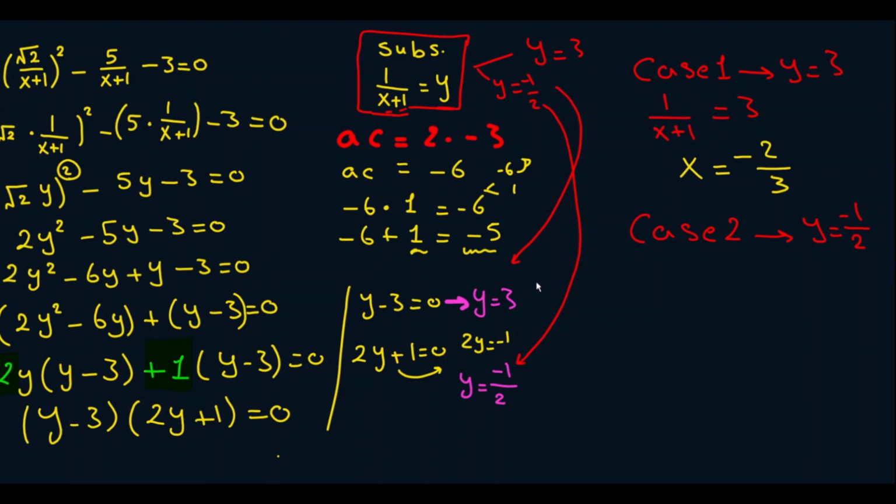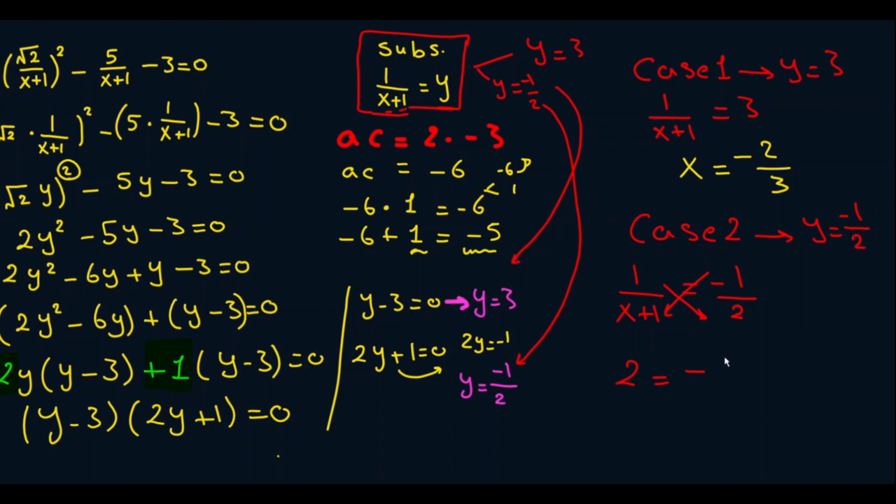The second case that we are having when y is equal to negative 1 over 2. So now again, we're gonna make 1 over x plus 1 is equal to negative 1 over 2. Over here, to make this super simple, let's do a direct cross multiplication. So we are gonna have 1 times 2 from here. We're gonna have 2 is equal to negative 1 times x plus 1.